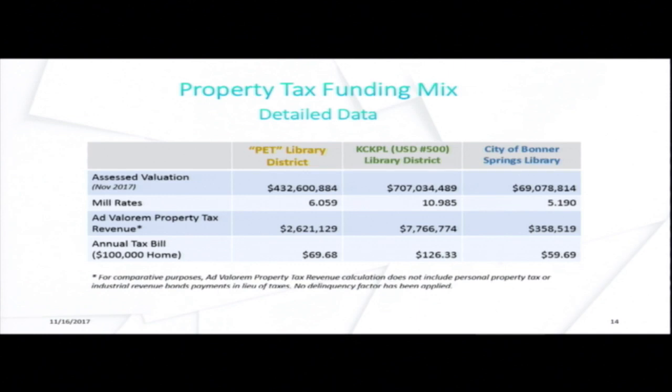So if you had a home that was worth $100,000, your tax bill on an annual basis for the Pet District is roughly $70 a year. For the library district within the 500 school district, it's $126 a year, and for Bonner Springs, it's roughly $60 a year.